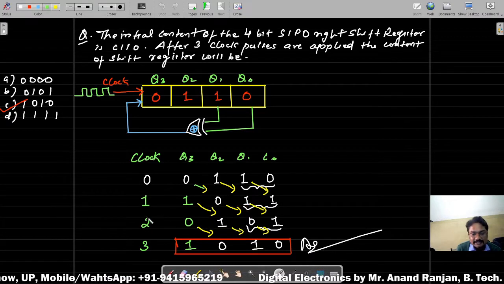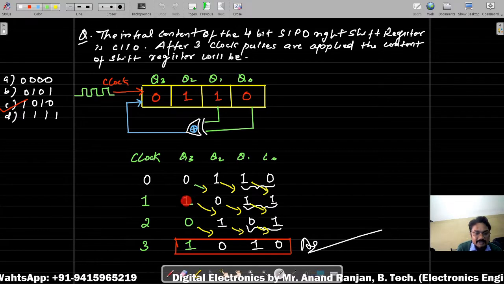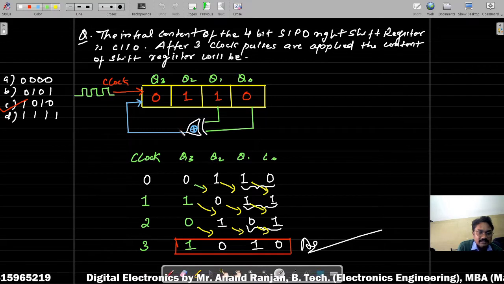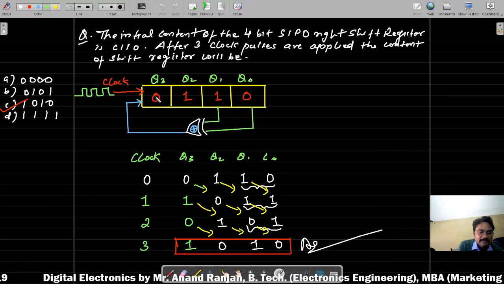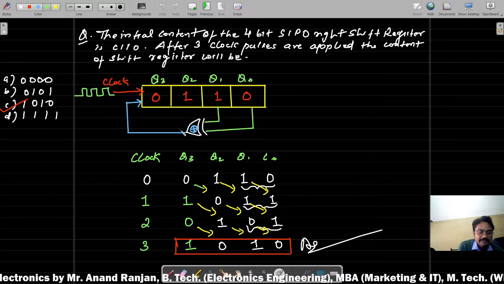Similarly, this updated information 1 is present over here. Input 1 0, output 1, and this output 1 will shift. This 0 will shift to the right position, and this will be updated with 1.